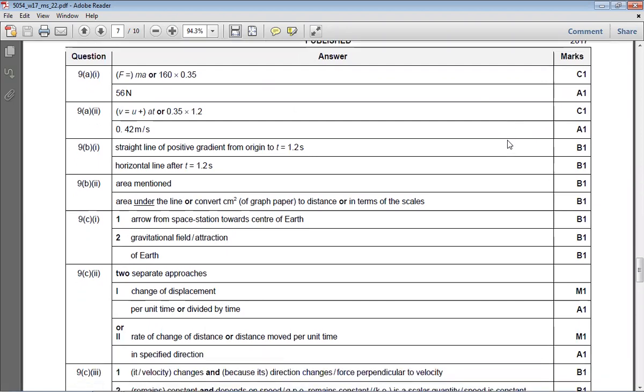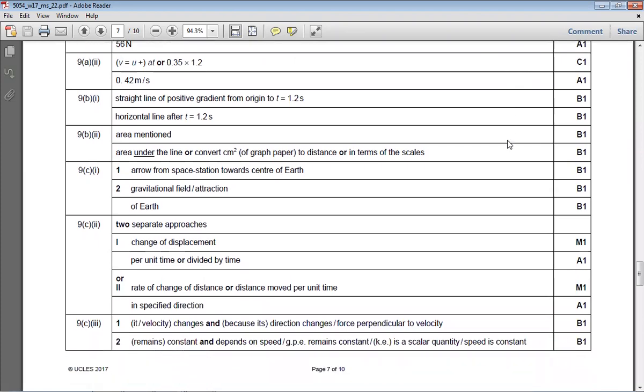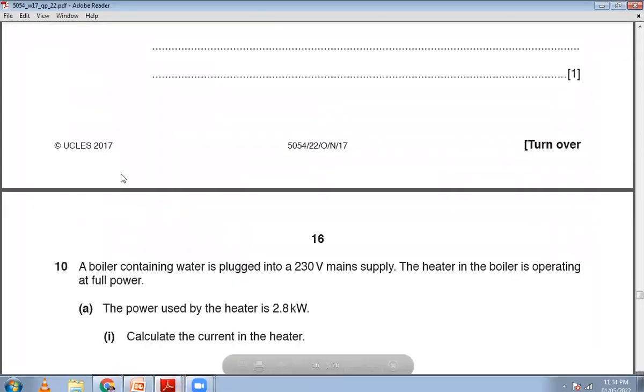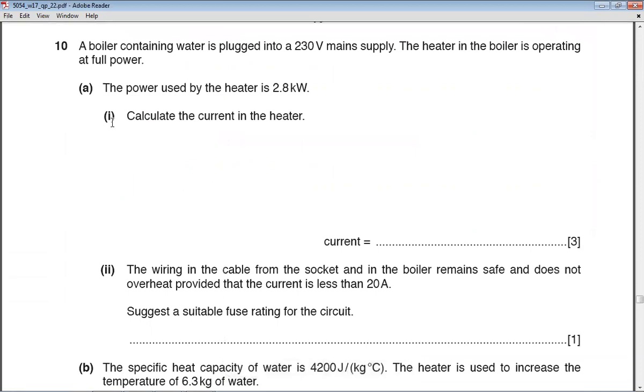So you can pause the video and take your time, have a good look at this, study, read each and every sentence of this marking scheme. I hope you have checked your answers. So now let's go to the next question. The next question coming up on your screen.